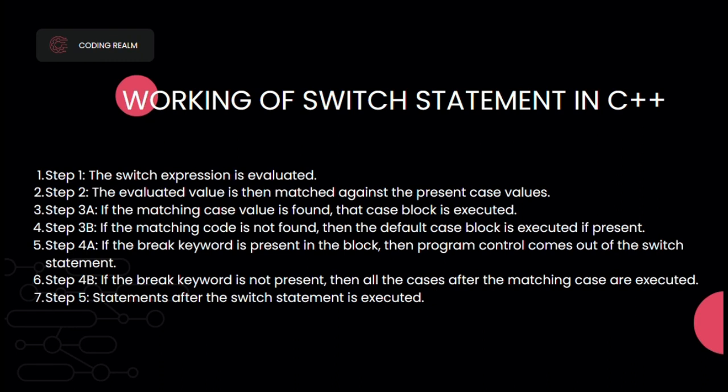Step 4a, if the break keyword is present in the block, then program control comes out of the switch statement. Step 4b, if the break keyword is not present, then all the cases after the matching case are executed. Step 5, statements after the switch statement are executed.